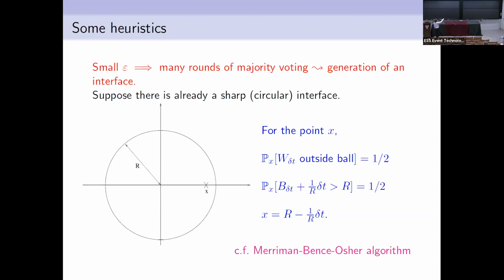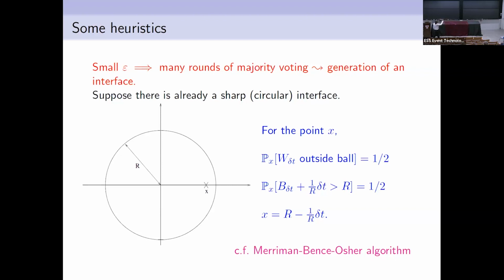So where is it going to move to in delta t of time? I'm going to move from this boundary at time 0 to some interior point x. And what is x going to be? Well, it's the point where the probability, starting from x, that a two-dimensional Brownian motion is outside the ball at time delta t is a half. But a two-dimensional Brownian motion is a one-dimensional Brownian motion with a drift of order 1 over its modulus.